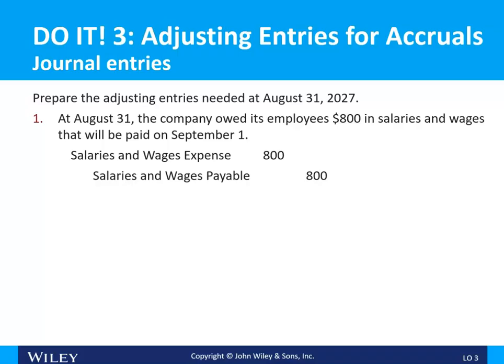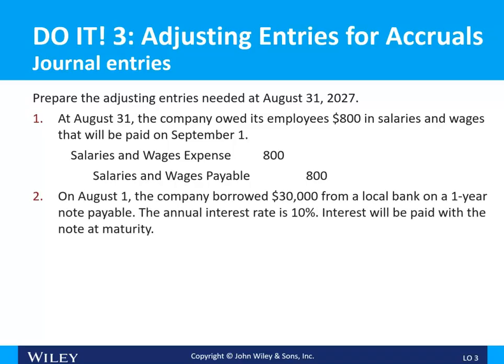We're going to credit that $800. So in this example, they gave us how much was owed. We didn't have to calculate the number of days or anything like that. It just told us what the total was.